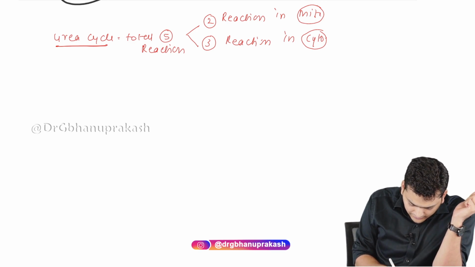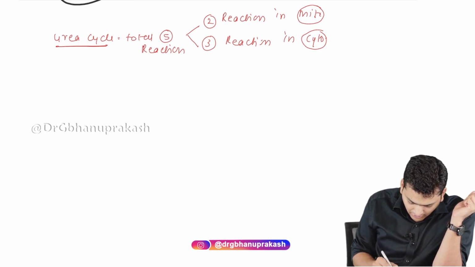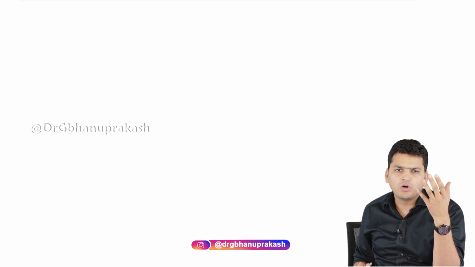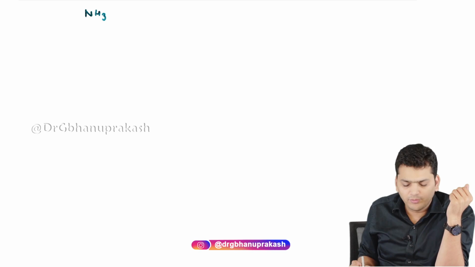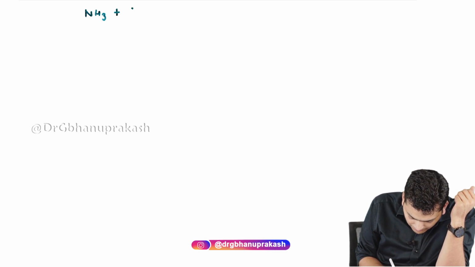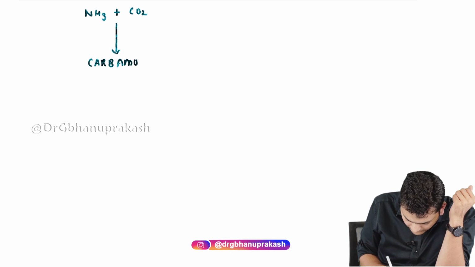If we see how the reactions are going to occur, the first 2 reactions occur in the mitochondria. The first reaction is like that. First of all, whatever ammonia you have accumulated will combine with carbon dioxide and synthesize a molecule called carbamoyl phosphate.